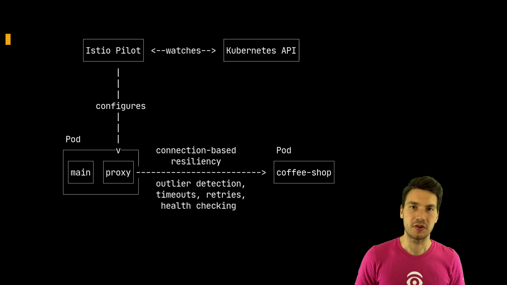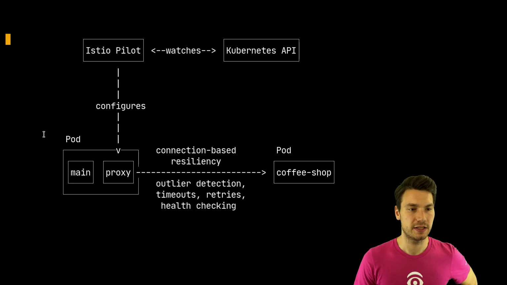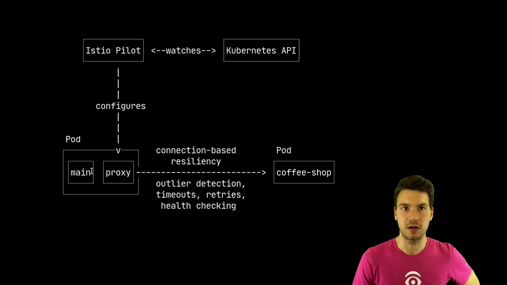What happens under the hood in our Istio example, if we have an application like here, that could be a coffee shop or our Fortio pod, is that a running pod in Istio is actually two containers. Not just what I called the main container here, which would be the coffee shop or the Fortio, but also a so-called sidecar container, an Envoy proxy that is injected by Istio.